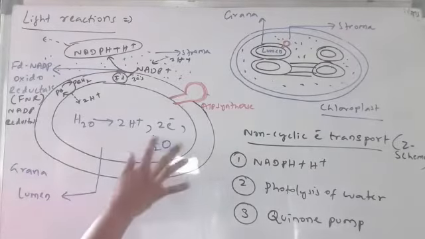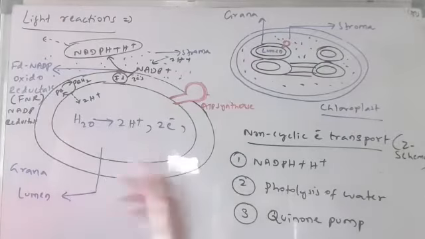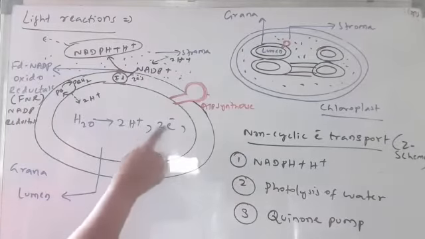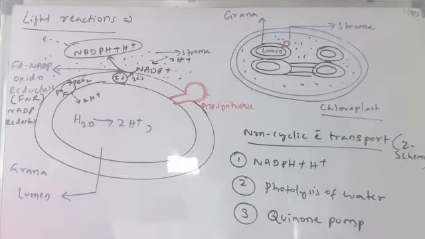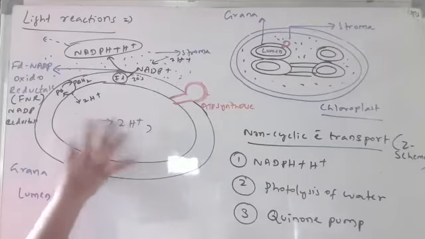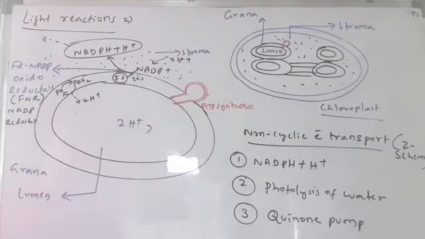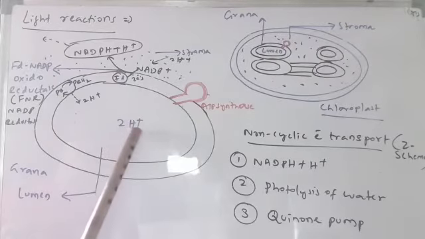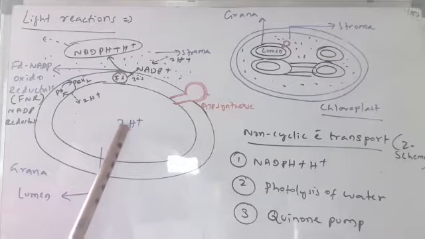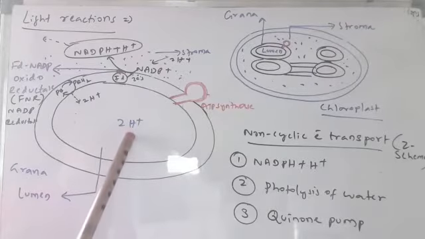This oxygen is released outside and the electrons are passed to the oxidized P680+. What is left after photolysis of water? 2 protons are left. So this is the second reason the number of protons increases in the lumen, because of the accumulation of protons from photolysis.